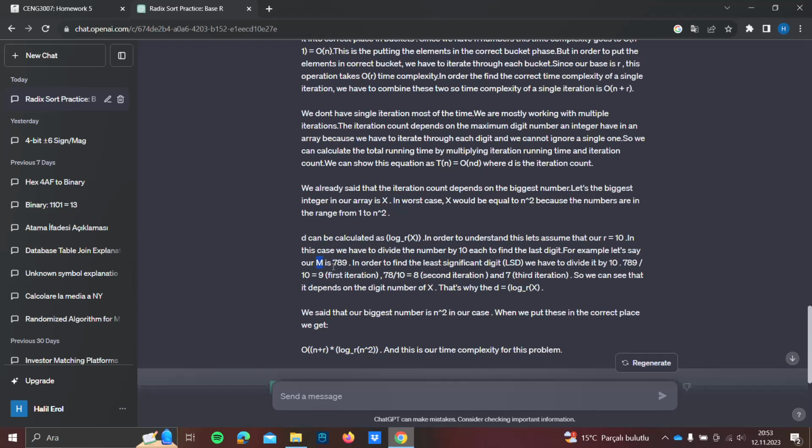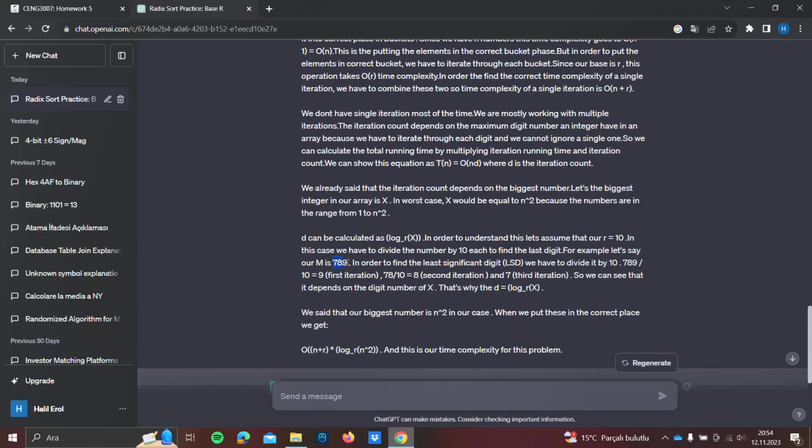X is 789. In order to find the least significant digit, which is the digit at the rightmost, we have to divide it by 10. When we divide it by 10, we find the last digit, which is 9. So this is the first iteration. Then we put the 9 in the correct bucket. And then we are dividing the rest, which is 78.